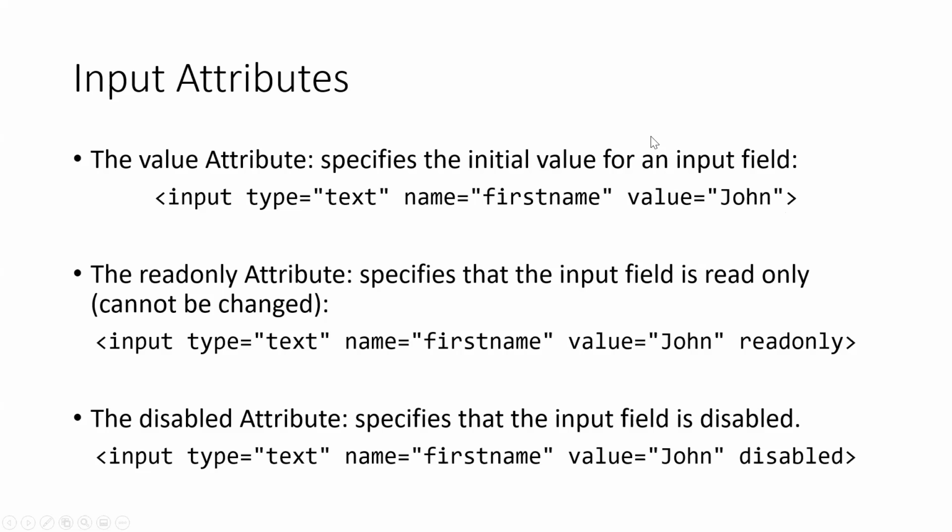Whenever you type something in a text box, somebody can change it. If you want to prevent someone from changing this, you can add readonly here, which will convert this into a read only field. So input is read only means you cannot change it.